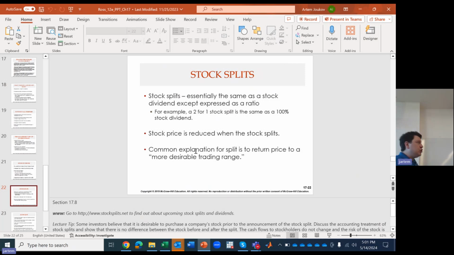And so what you could do with Berkshire Hathaway is say, let's have a stock split. Let's say for every one share you hold, I will issue you 1,000 shares. That 1 to 1,000 stock split would lower the price from $500,000 a share to $500 a share.